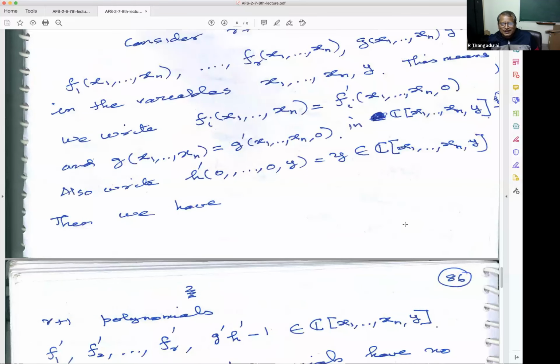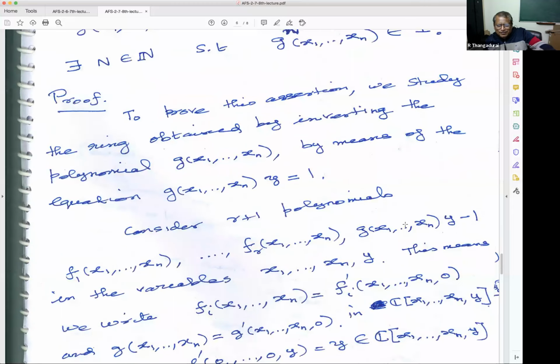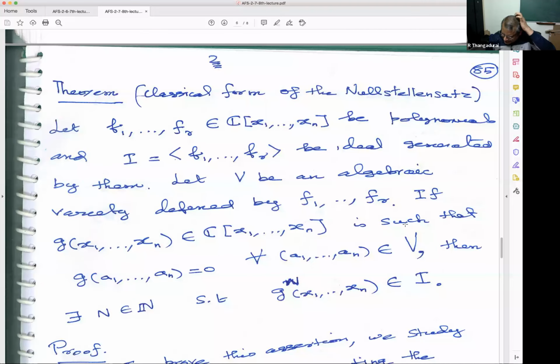I have a kind of remark. In 1990 a combinatorial version of the Nullstellensatz came, which was proved by Alon. It follows a similar setup, but the objects are going to be different.